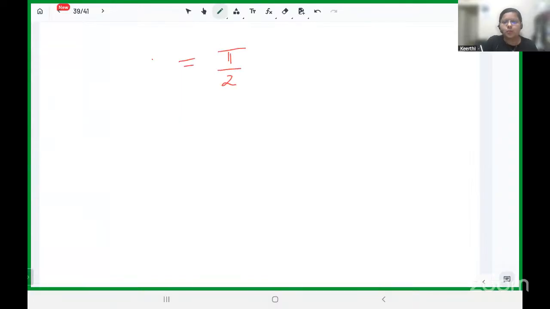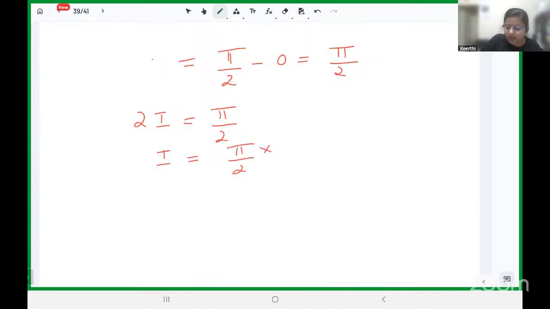In the place of x, you put the upper limit minus lower limit, so pi by 2 minus 0, that is pi by 2, which means 2I is equal to pi by 2. So what is the value of I? I equals pi by 2 into 1 by 2, that is pi by 4. So the value of that particular integral is pi by 4.